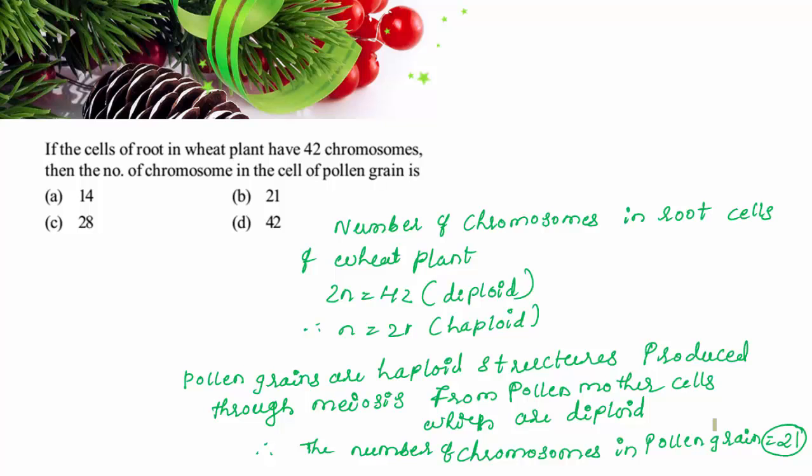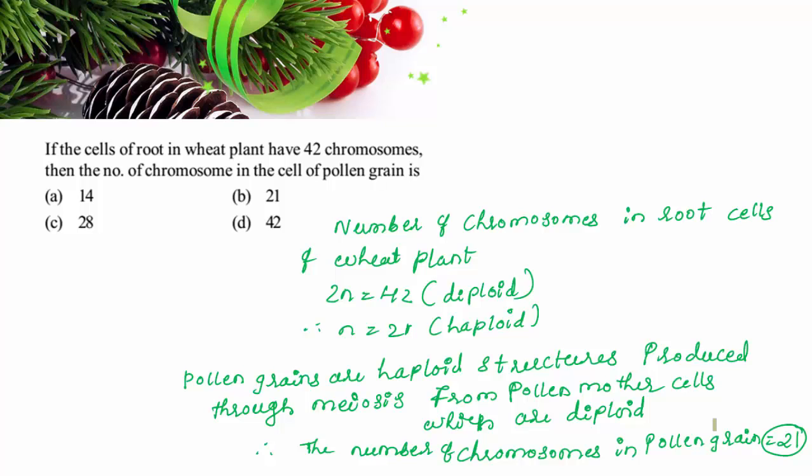If the cells of root in wheat plant have 42 chromosomes, then the number of chromosomes in the cell of pollen grain is, given options are 14, 28, 21 and 42. So what is given here?